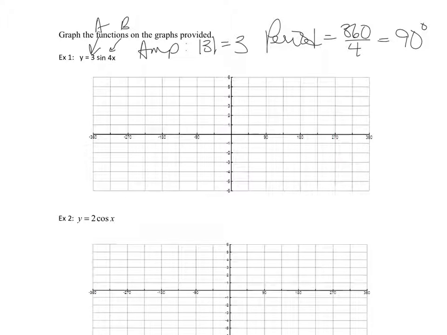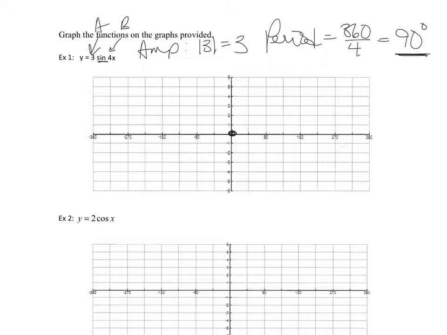Notice there is no H and K, so there is no horizontal or vertical shift. So take your period, and there are 4 key points in this period. So this is a sine curve. Sine starts out at the origin. So I know this is my point on the y-axis.